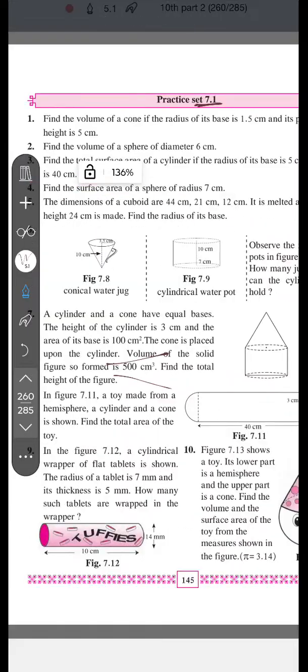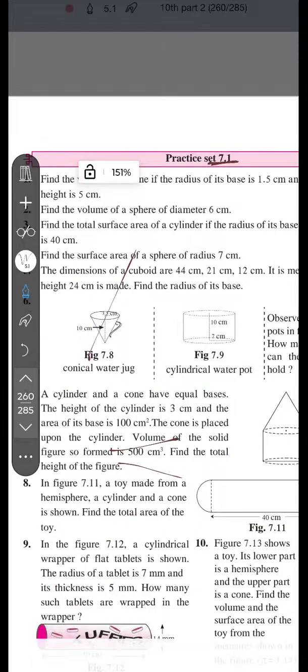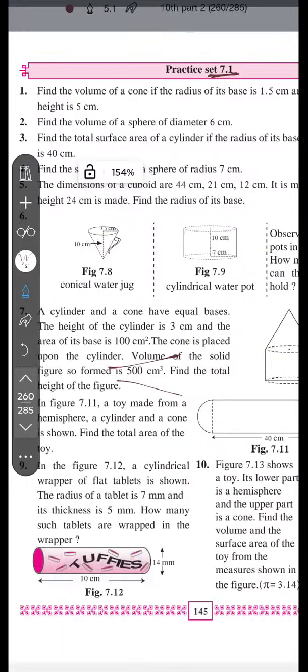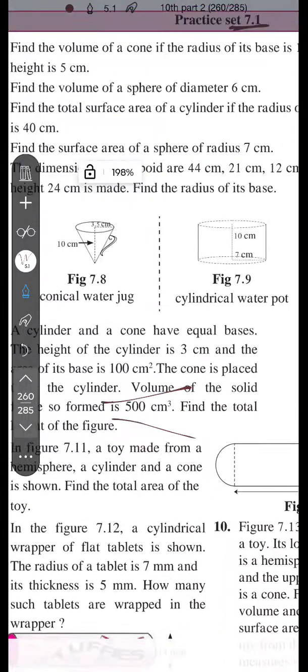Observe the measures of the pots in the given figures and find how many jugs of water the cylinder pot can hold. That is the question. Simply, it's a simple conversion, and they have not given any specific information separately. They have directly labeled that information on the diagram, correct. So simply let's first decode the diagram.